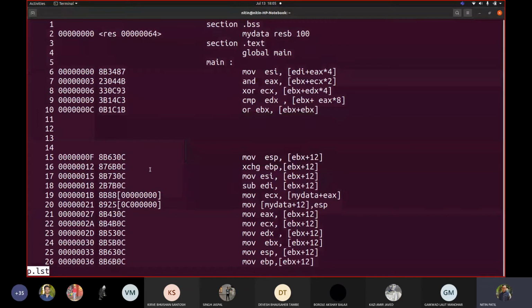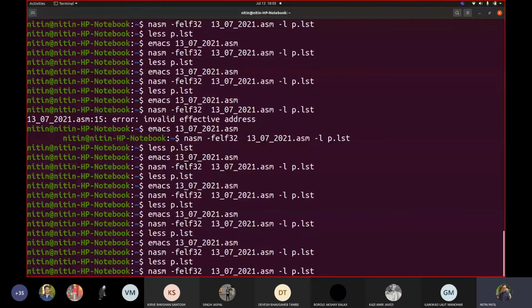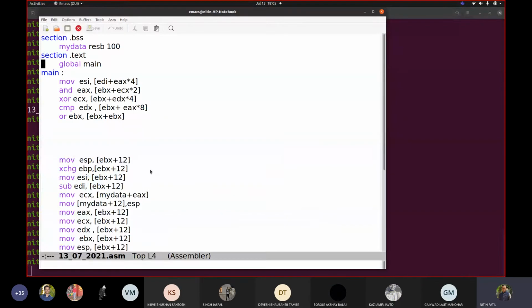Now let me make another possible change, so that I can show how the column for ESP would come out. You note down what change I am making here. I will pick this instruction, add it here, and say multiply by 4. If it comes like this, the base is not a register.